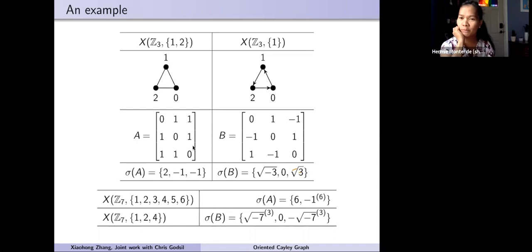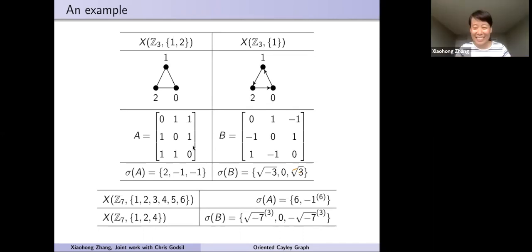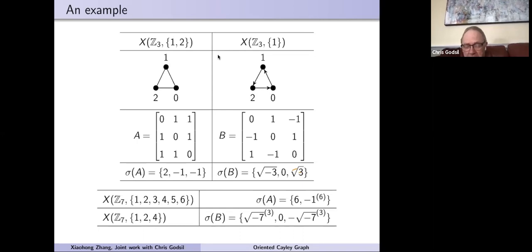I don't know much about state transfer and oriented graphs, so I don't have a question. There hasn't been a whole lot of work, even just looking for examples. There's certainly been some significant work, but not a lot.